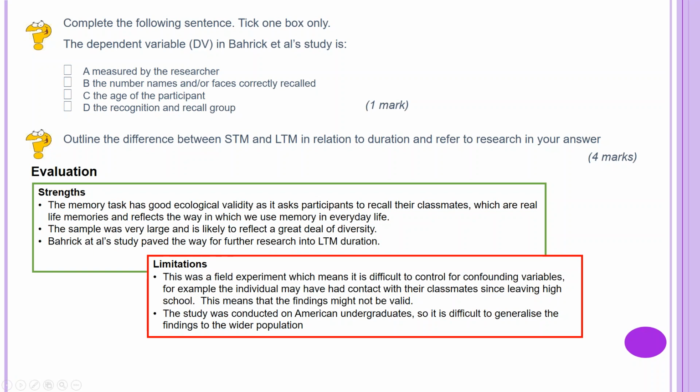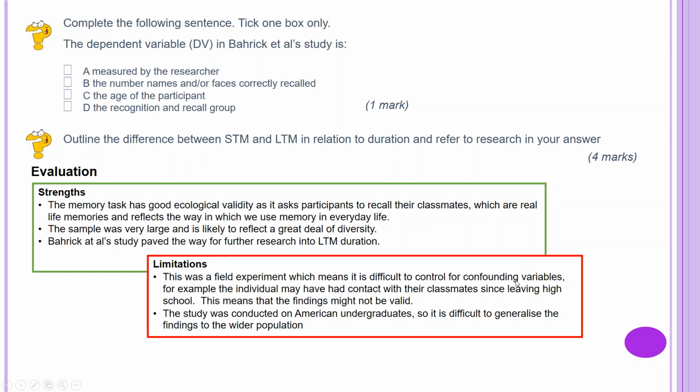Simply here, the duration of short-term memory is much shorter than long-term memory, as it only lasts for 18 to 30 seconds, as shown by Peterson and Peterson's 1959 research, compared to long-term memory, which lasts potentially forever, as shown by Bahrick et al.'s 1975 study, which found that the duration of long-term memory is as long as the participants still have 60% recall after 47 years or 20% recall after 47 years.